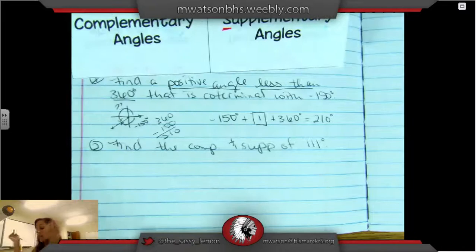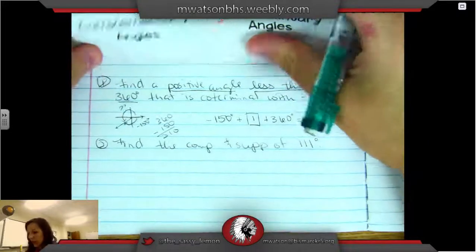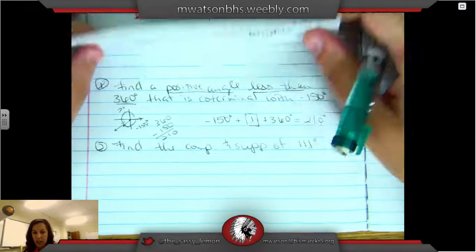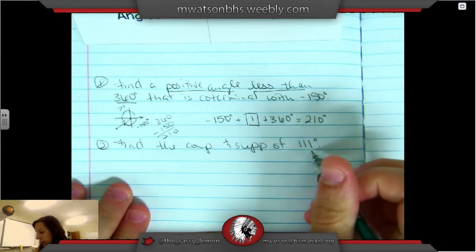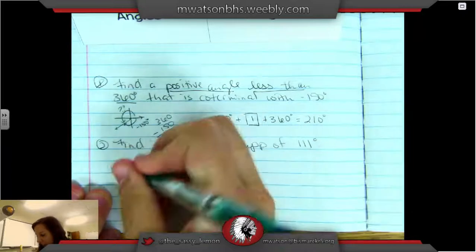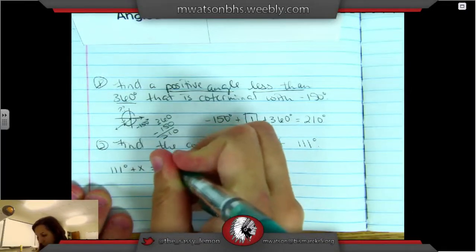Okay, so first of all, to do this, we need to remember what complement is. So if you don't know it, you need to look at your definition. So complements are two angles that add up to 90 degrees. So one of our angles is 111, plus some unknown angle has to equal 90 degrees.